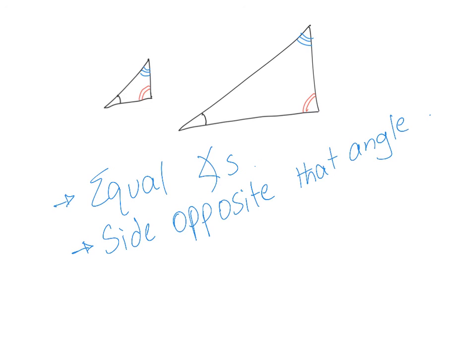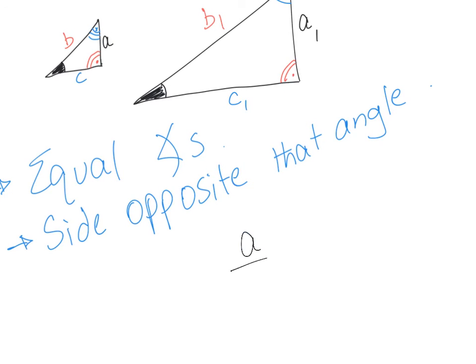So let's name the sides. Let's call this A and A1, right opposite the black angle. Then we see the red angle right here, this one. So let's call this B and B1. And then we see the blue angle right here. So let's call it C and C1. So what is our equation eventually?